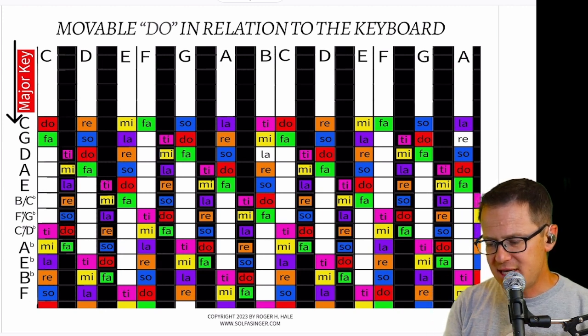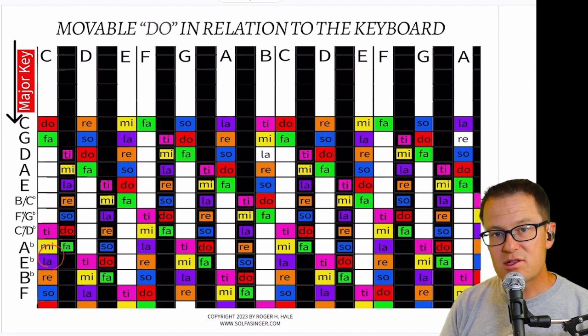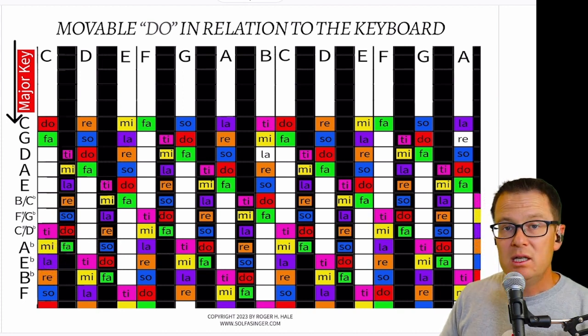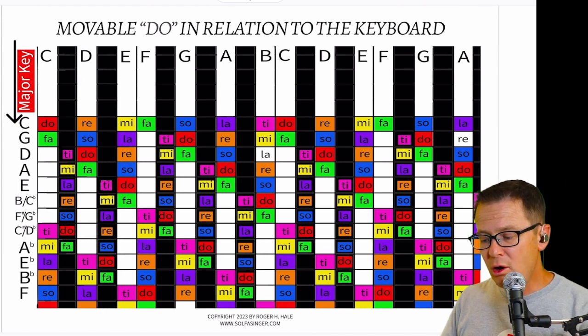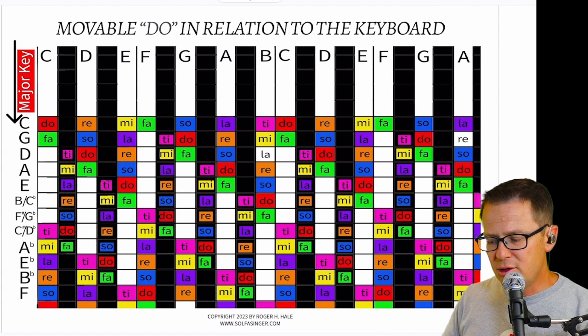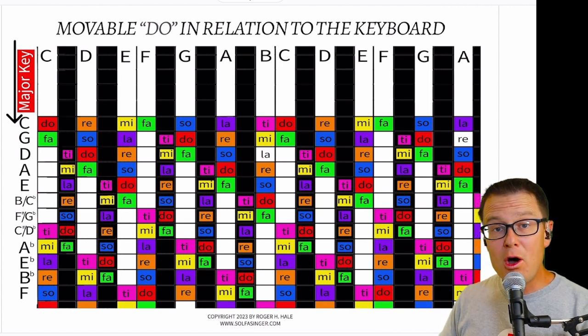Now let's say we went down to E flat. So C starts on la. La, ti, do. Notice that E flat there. Do, re, mi, fa, sol, la.